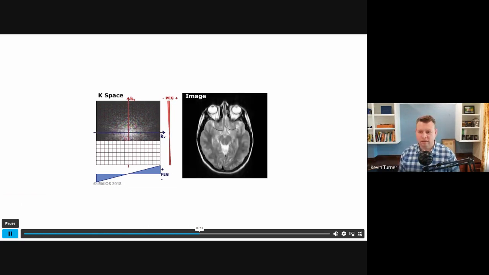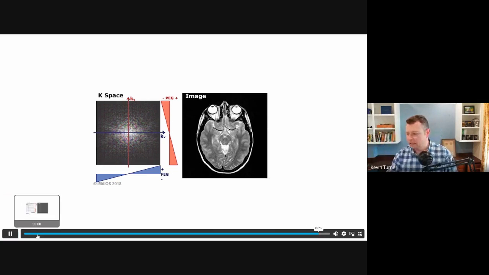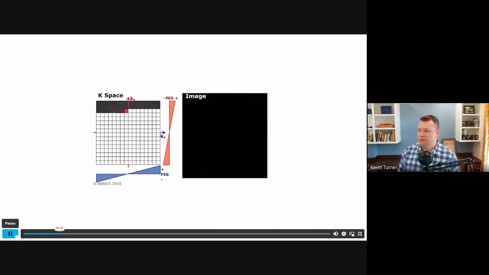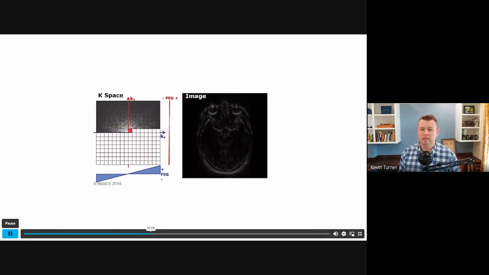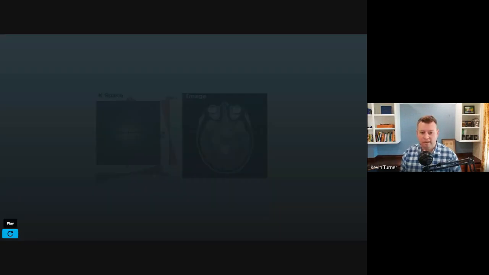So the outside is resolution, the inside is SNR and contrast. A steep phase encoding gradient creates low SNR echoes that we put into the outside of K-space. Shallow phase encoding gradient applications give us echoes with strong SNR, so we put them in the middle of K-space.